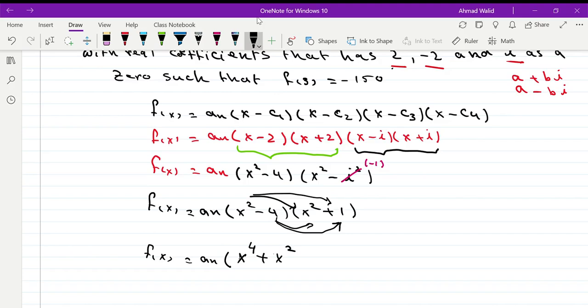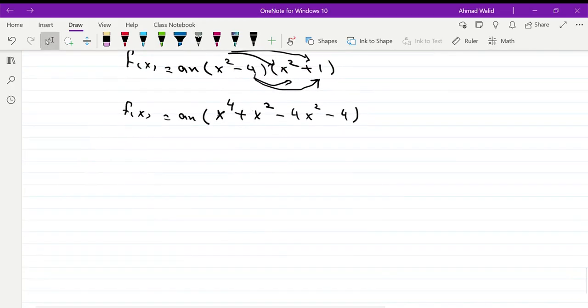Negative 4 times x squared gives you negative 4x squared. And negative 4 times 1 gives you negative 4. Let's simplify. Then I can write f of x equals a sub n x to the power of 4 minus 3x squared, because x squared minus 4x squared gives you negative 3x squared, minus 4.